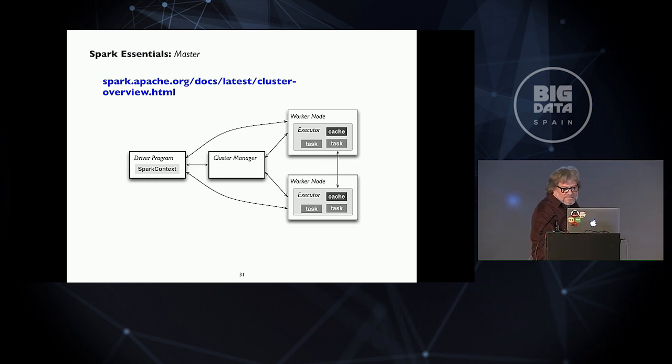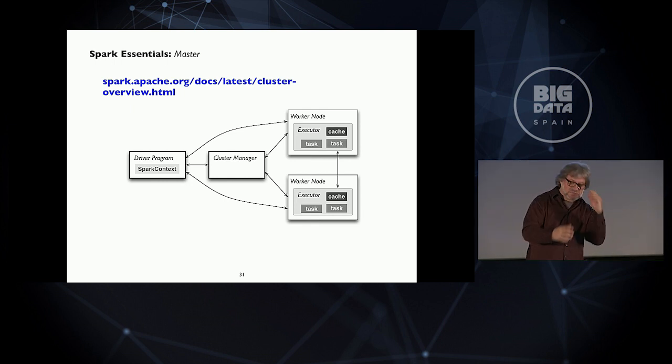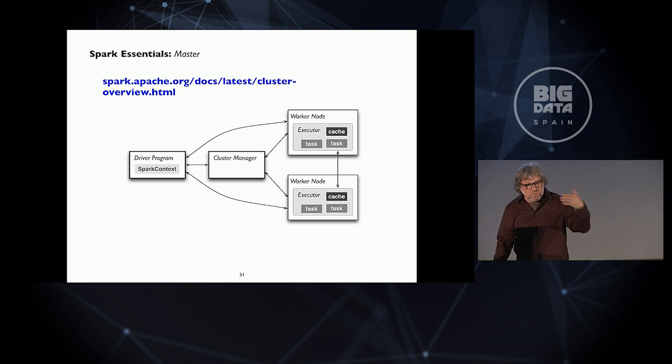And so the way that this looks when you're running applications is you've got the Spark context on your driver. That's where your application starts. The driver is going to be talking with the cluster manager. The cluster manager goes out and gets resources from the cluster, maybe some different worker nodes. And then the driver can talk to those nodes directly.